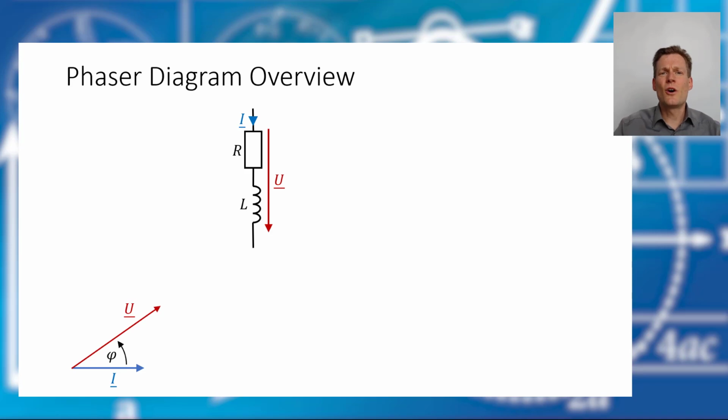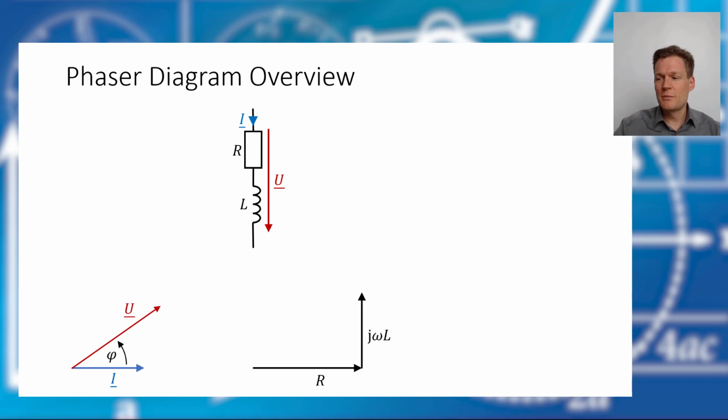And now we could also draw a phasor diagram of the impedances. The impedance of the resistor is just the resistor value, so it's a real number. And the impedance of the inductor is j omega L, so it's a pure imaginary number.